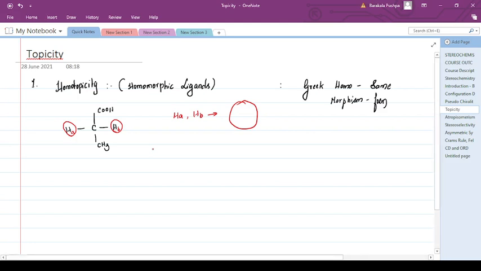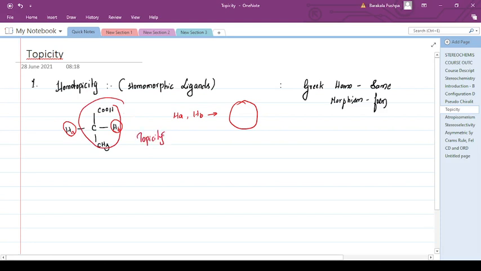HA individually cannot be related to this molecule, HB individually cannot relate to this molecule. But the relationship between HA and HB with respect to this entire molecule is what gives you the word topicity.